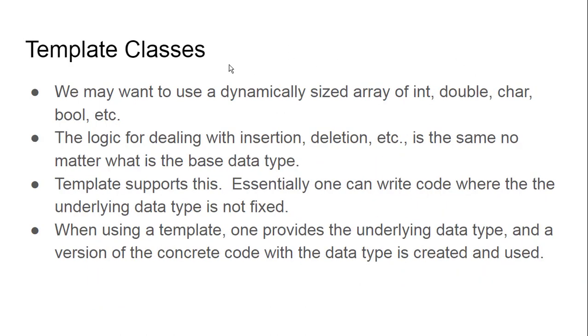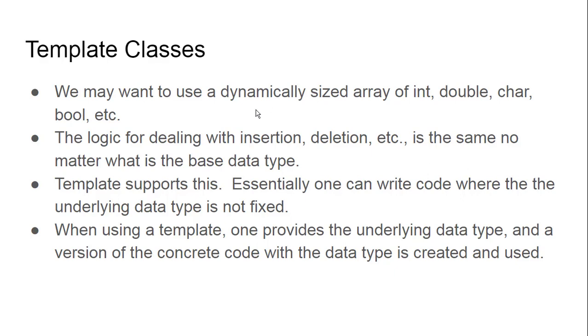And when we implement a class, sometimes we want a similar class with a slight variation. For example, if we need a dynamically sized array, an array whose size may change during runtime while we add more elements to it. Sometimes we need a dynamic size array of int, sometimes of double, of char, of bool.